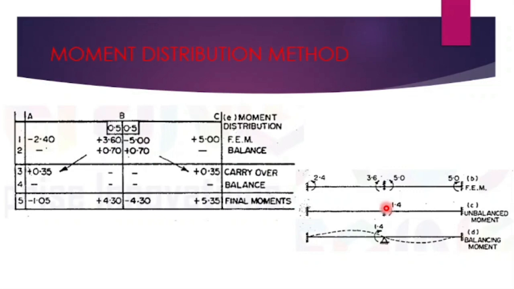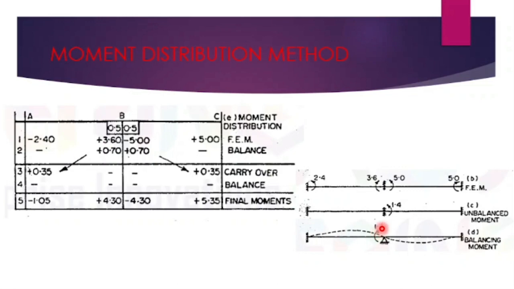So you have to use plus 1.4. The unbalanced moment is 1.4, and you add a clockwise moment of 1.4. Clockwise is plus. So this is known as balancing.